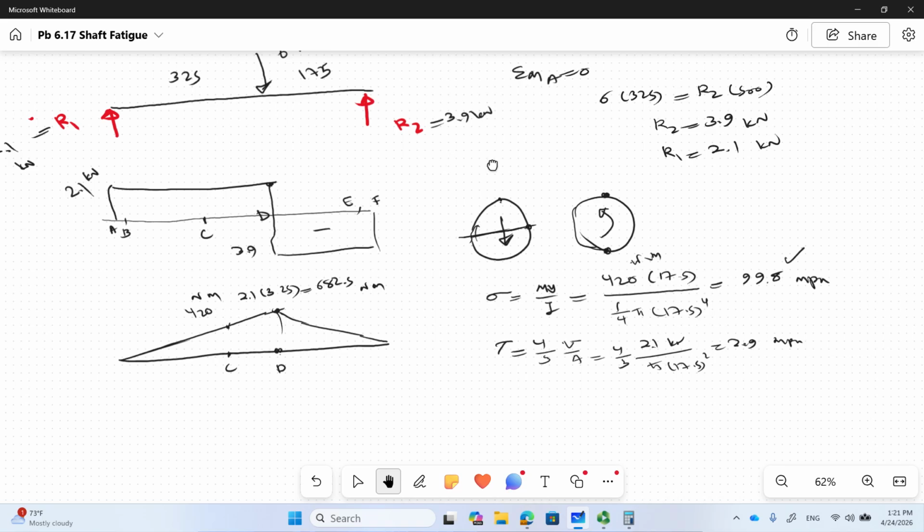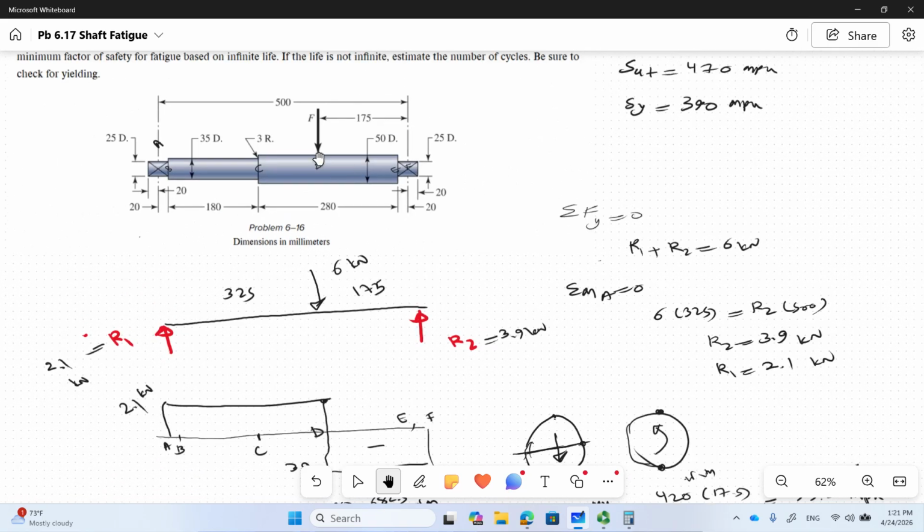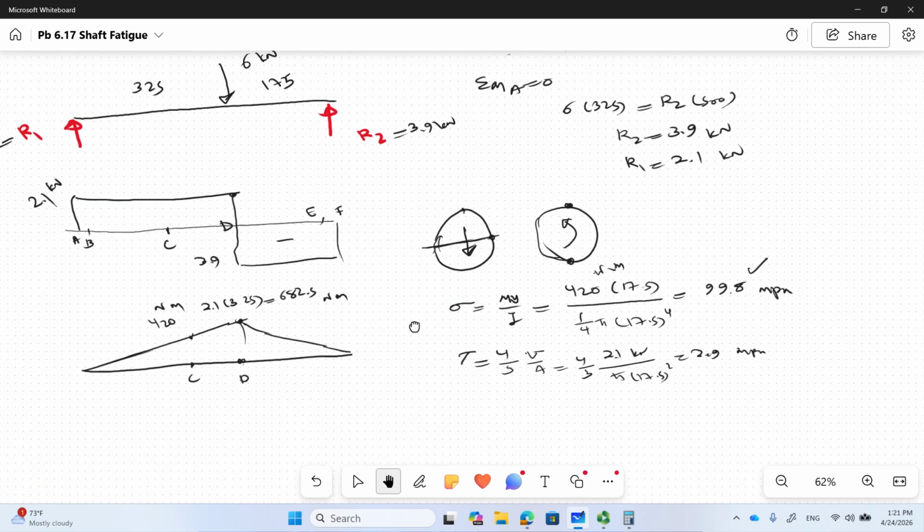Alright. So by the way, let's look at point D and see how much stress is going to be there. At that point, the moment is larger, but the diameter is larger too. So let me do that. 682.5 times the radius, the diameter there is like 50, so I'm going to use 25, divided by 1/4 of pi times 25 to the 4.